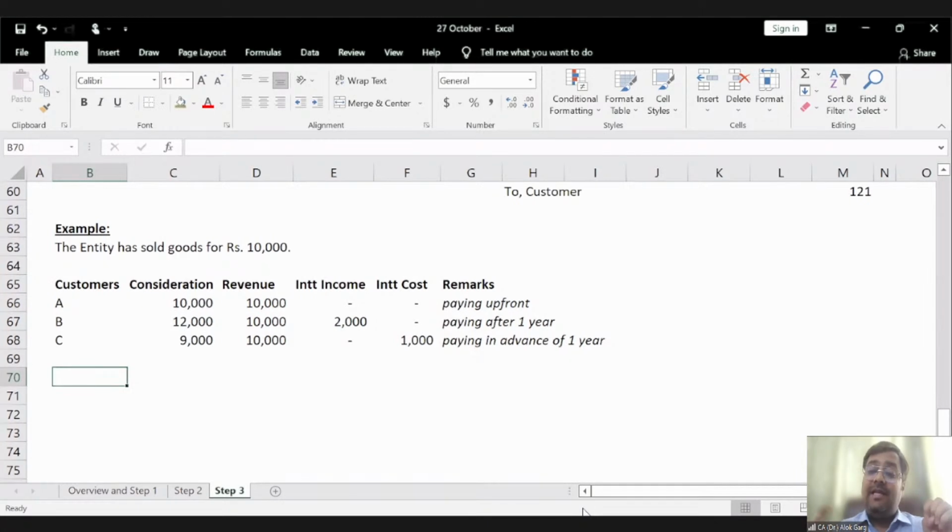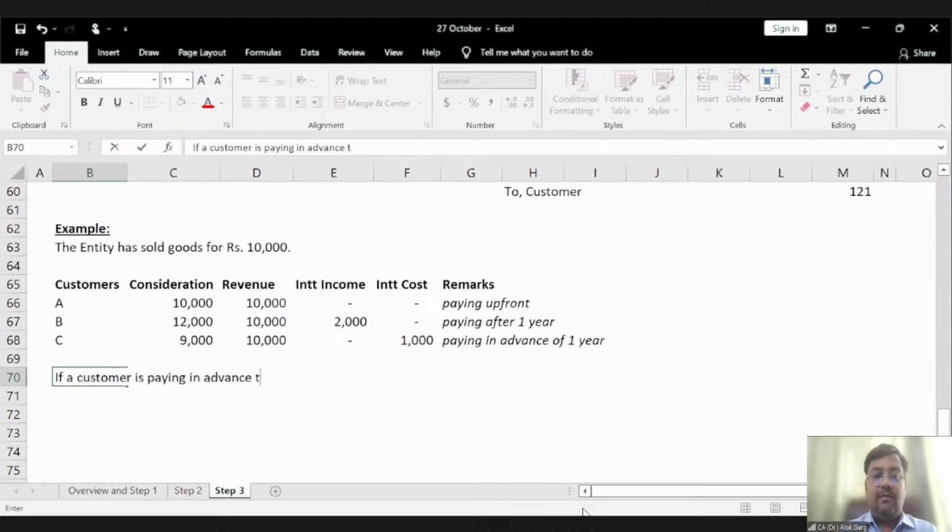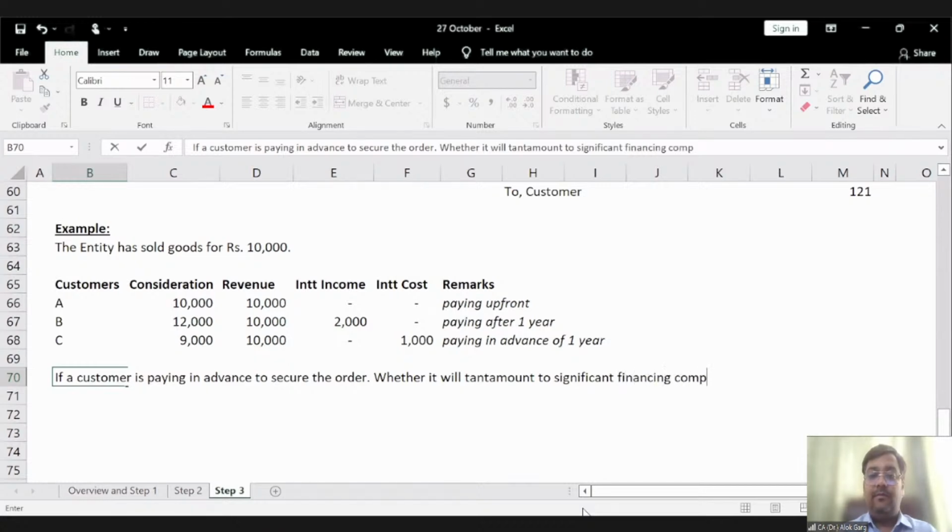If a customer is paying in advance to secure the order, whether it will tantamount to a significant financing component for the entity.